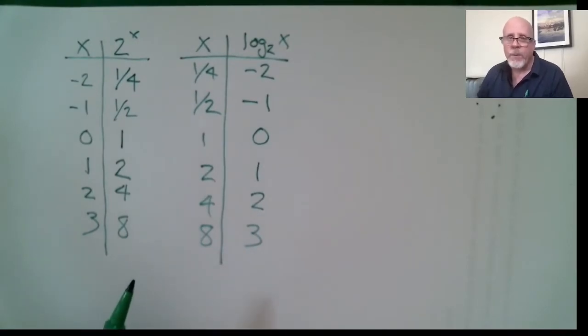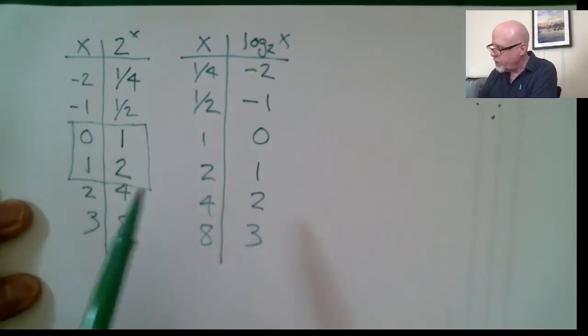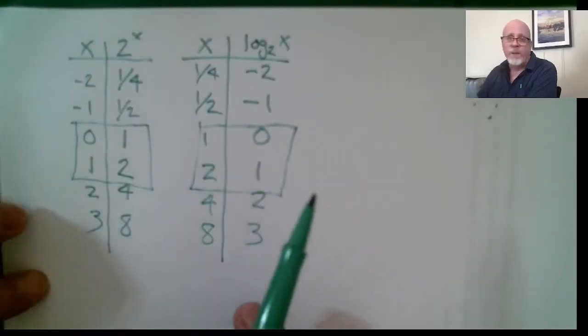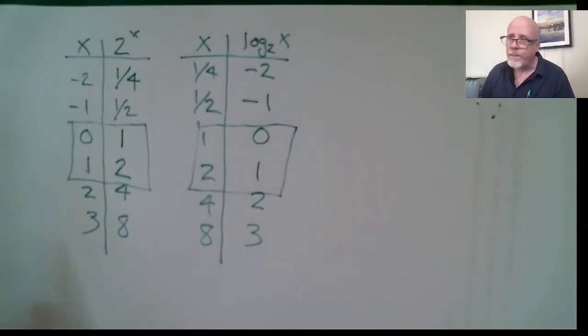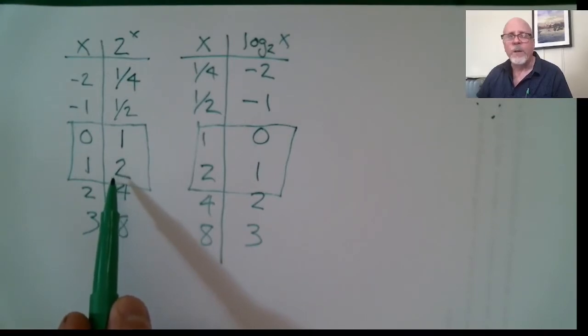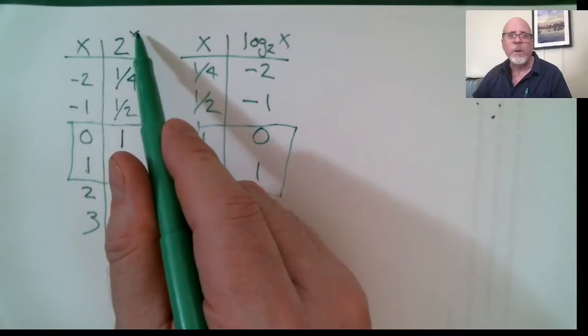A couple of points need to be highlighted here, and it's these 2 that are in the middle, because these two and these two are on every pair of exponential and corresponding logarithm graphs in a certain sense. Why is that 2 there in that thing? It's because we were raising our base 2 to the first power.